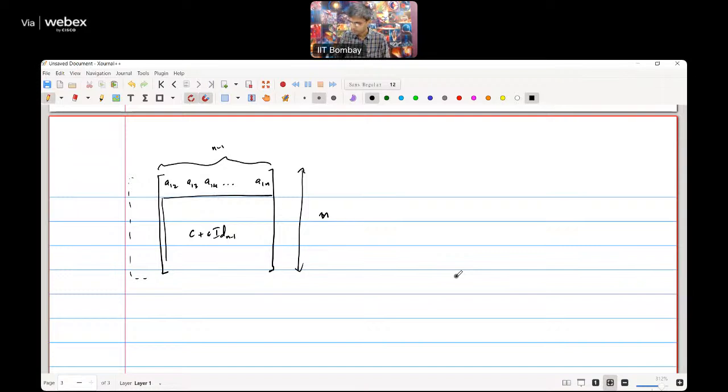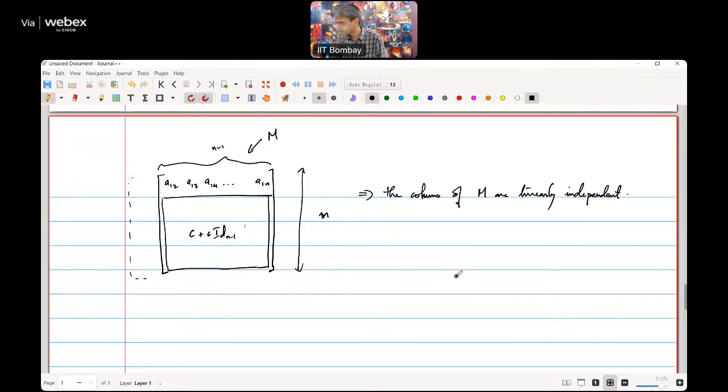The columns of this n minus 1 cross n minus 1 matrix, C plus epsilon identity, are linearly independent. So this implies that the columns of this matrix, let's call it M for now, are linearly independent. That's an easy exercise, I'll leave it to you. The columns of this smaller matrix sitting inside M are linearly independent, which means the columns of this larger matrix M are also linearly independent.